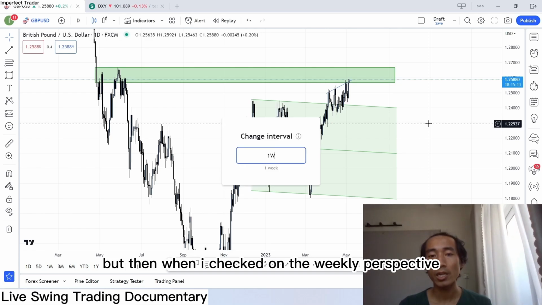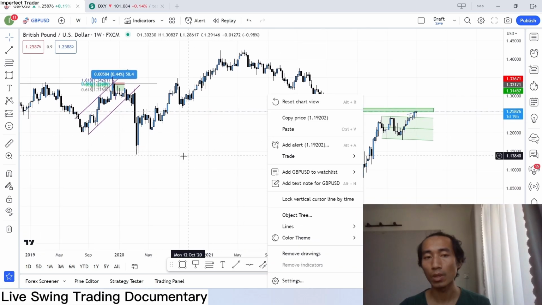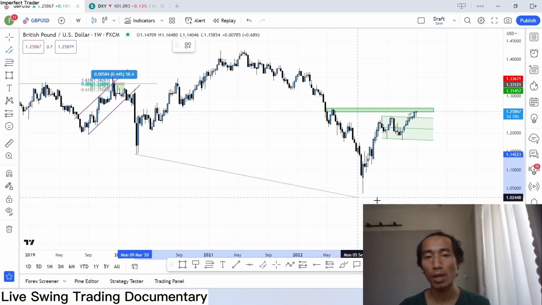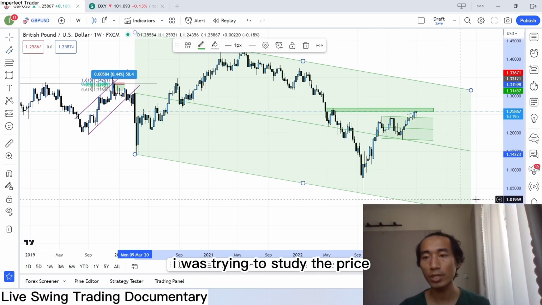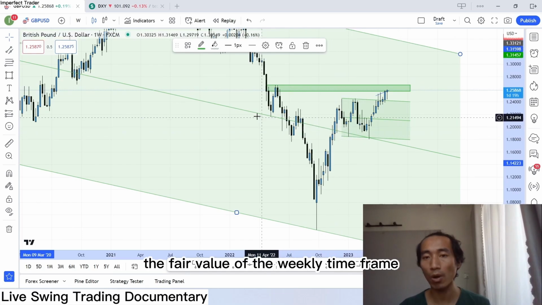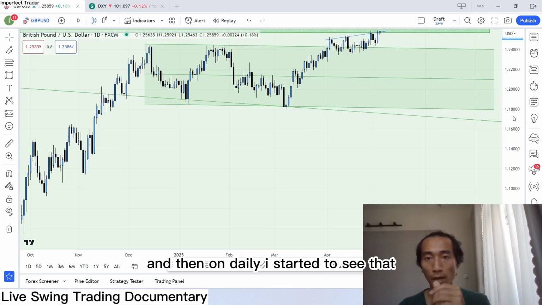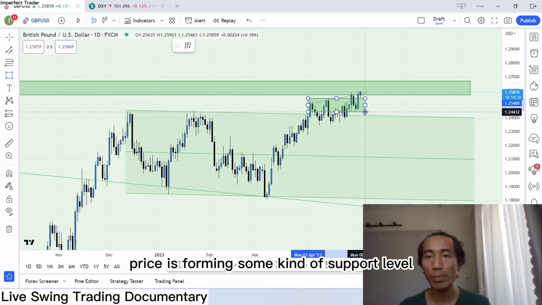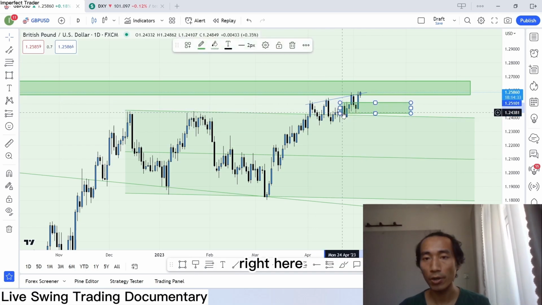But then when I checked the monthly perspective, when I started to identify from the higher time frame perspective, using the major low, I was trying to study the price. I see how price is reacting to an equilibrium value, the fair value of the monthly time frame, and then on the daily, I started to see that price is forming some kind of support level right here.